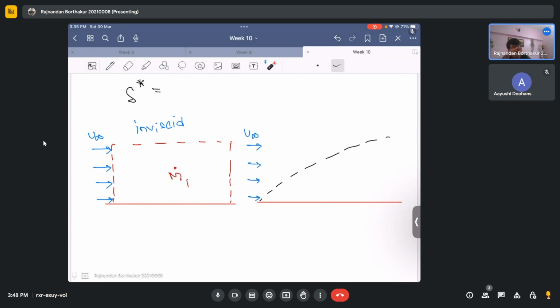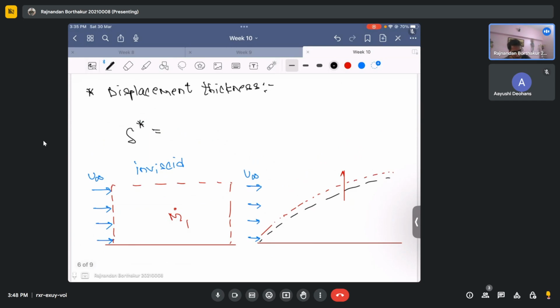It's just that shift which you need to consider in your boundary layer so that you compensate for the loss of mass flow rate. Anyway, can you now tell me the expression for delta star, if you remember?